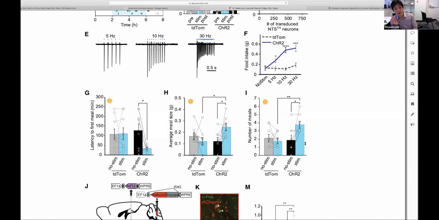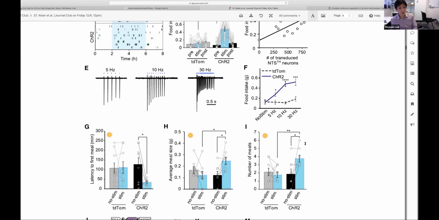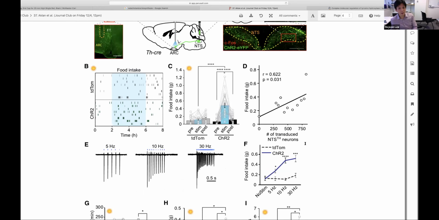But if we go back to how they would do this, they would take a slice, right? I would imagine they're doing the NTS slice, and they'll target the red cells, right? Because the channelrhodopsin should have YFP on it.